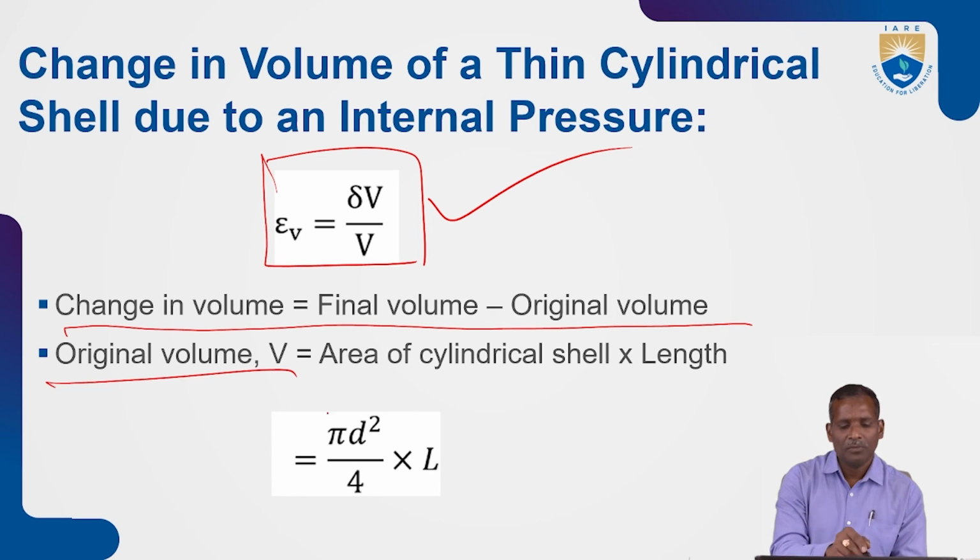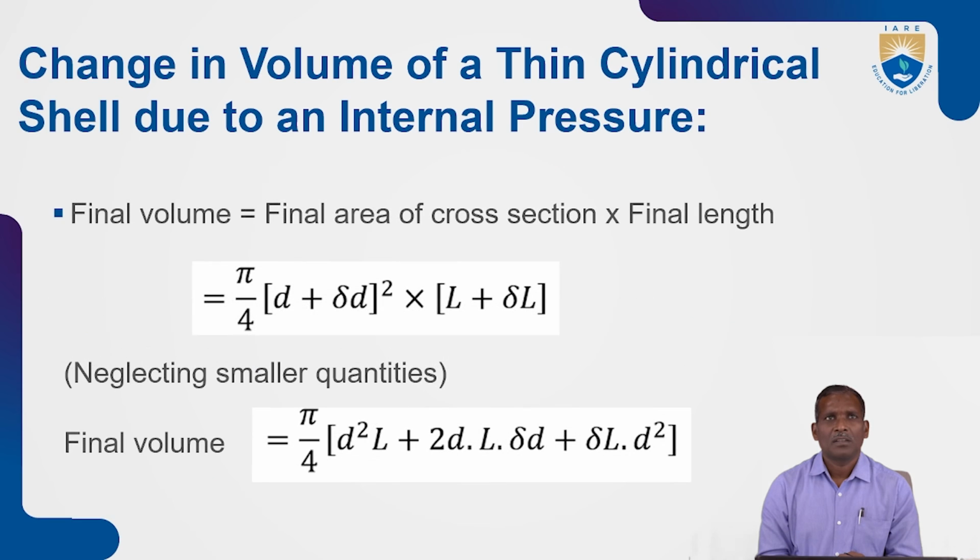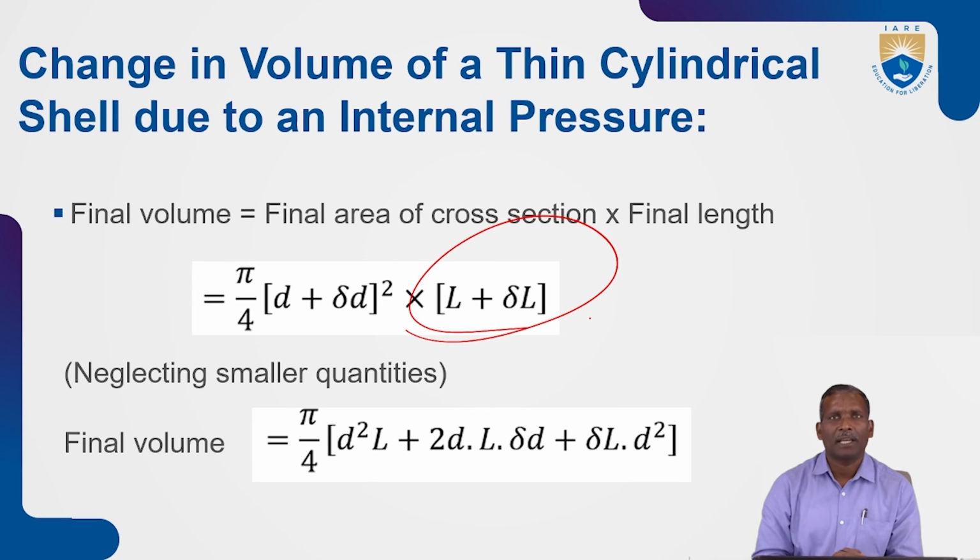The original volume V is the area of the cylindrical shell times length, that is pi by 4 into D square into L. The final volume is the final cross-sectional area into the final length. The final length is L plus delta L, the original length plus the change in length. Similarly for the diameter and the change in diameter.